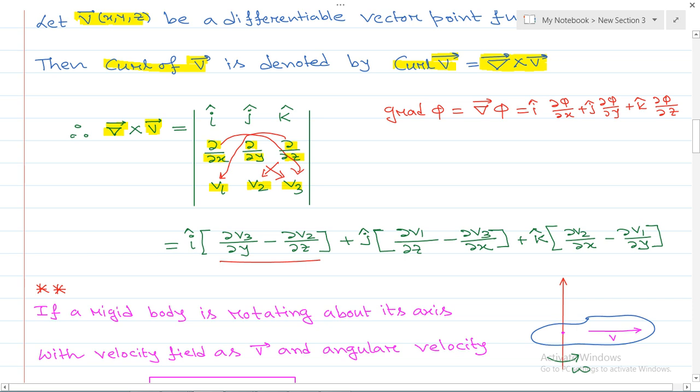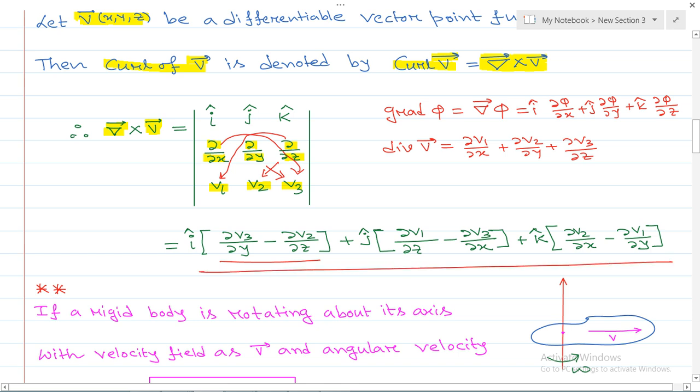Now divergence of a vector point function is formularized as del v1 del x plus del v2 del y plus del v3 del z, where v is a vector point function but divergence becomes a scalar quantity, and curl of a vector point function is represented by this formula, which is again a vector point function.